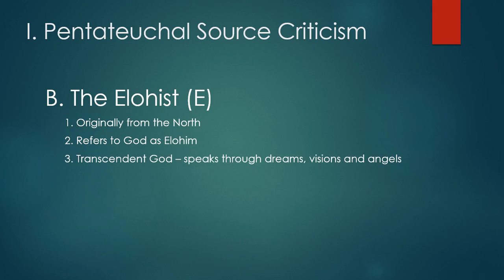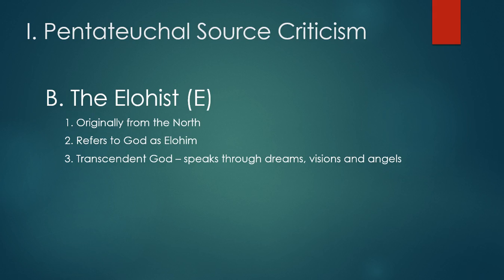In E, God is going to be more transcendent. In the J stories, for instance, when we're talking about Abraham, it is very common for God to speak directly to Abraham, or to appear right before Abraham, taking the form of a human almost. In E, we don't have that.